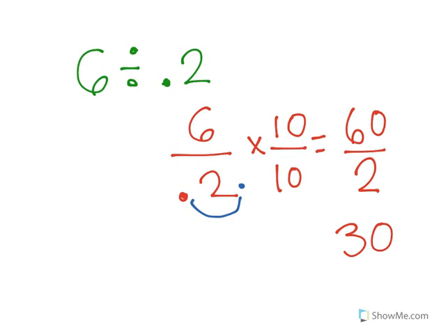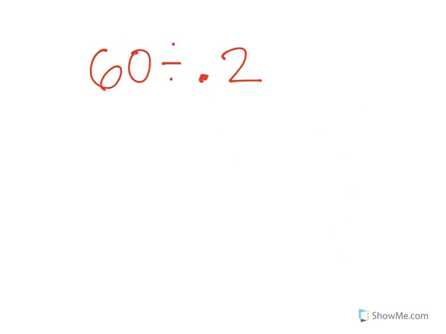Now that's one way that you can solve this equation, or we can solve the traditional division way. Same equation, 60 divided by 2/10. I'm going to set this up as a division problem. In order to divide, I always have to have a whole number on the outside of my fraction bar.